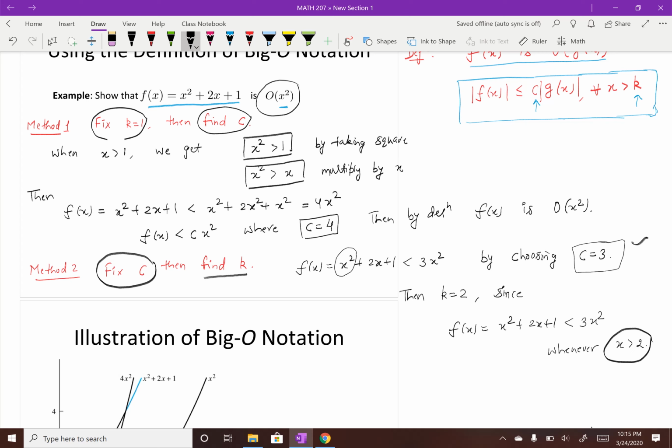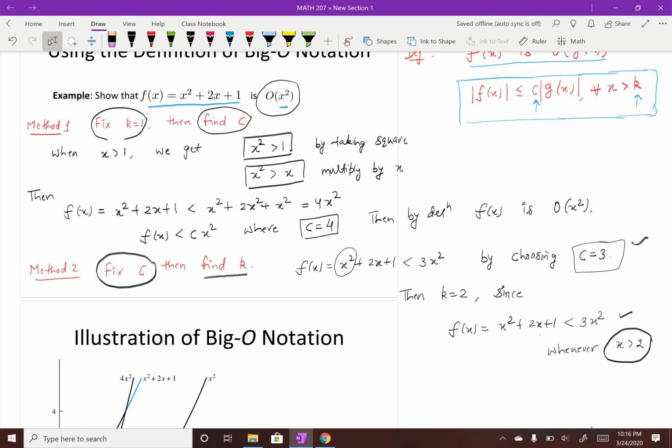If you put k equal to 1, so x is equal to 1, this side is 1 plus 2 plus 1 is 3, this side is 3, they satisfy the equality sign. But if you put x equal to 2, this side is 4 plus 4, 8 plus 1, 9, and this side is going to be equal to 12. So you satisfy this inequality whenever x is greater than 2.